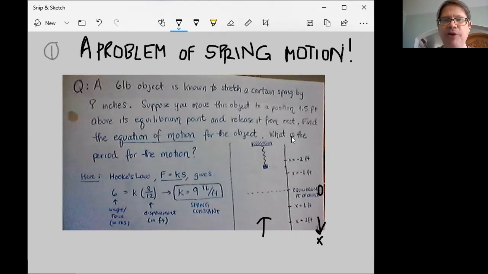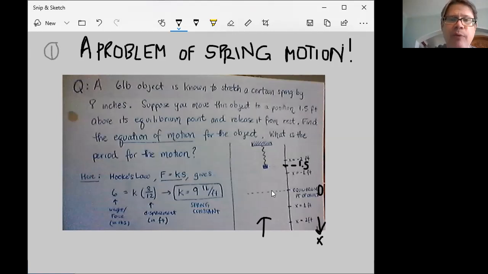So if the object is starting at 1.5 feet above its equilibrium point, it's starting at x equal to negative 1.5. So that's our understanding about our coordinate system here. X is going to represent the position of the object at any given time. Positive x's mean below equilibrium, negative x's mean above equilibrium. We want to find an equation for that x.